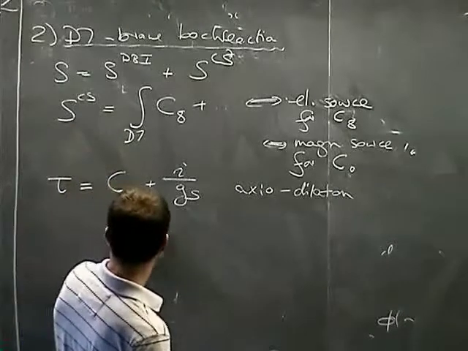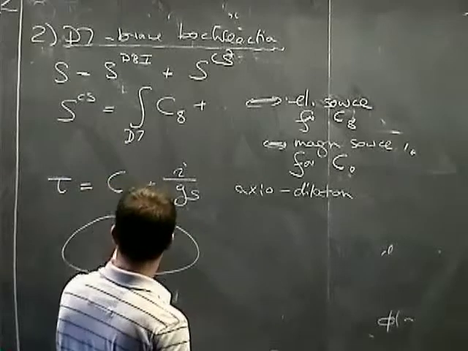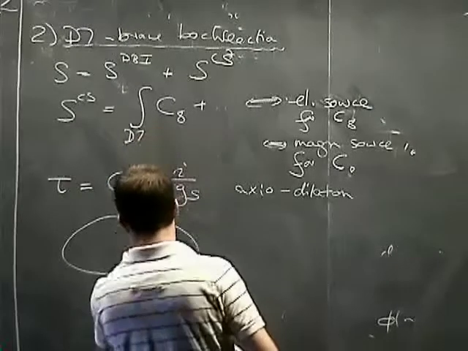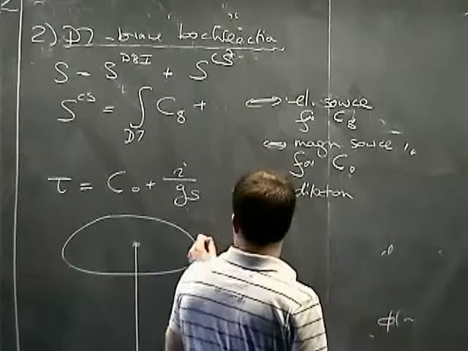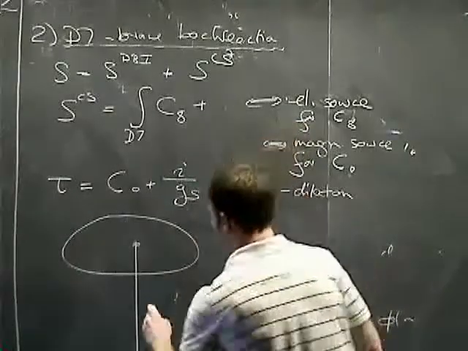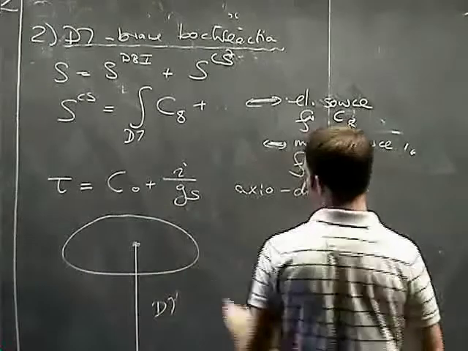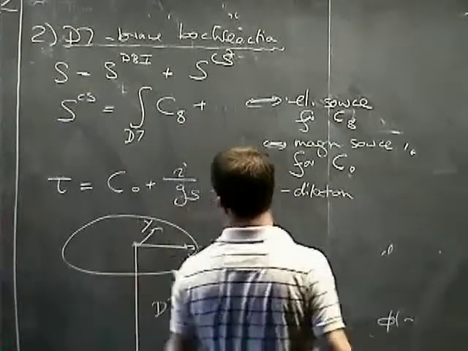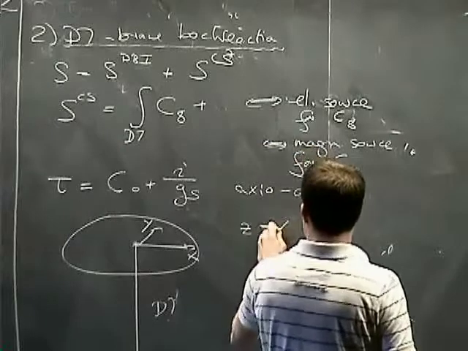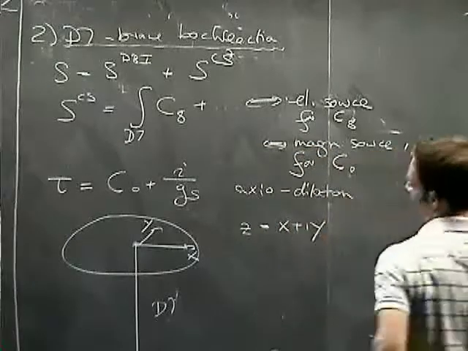As you anticipated, a D7-brane looks like a string in the ambient 2 dimensions in 10-dimensional space-time. We have here our 2 directions, x and y, which we can combine into one complex coordinate.